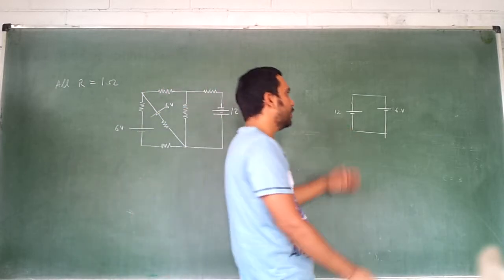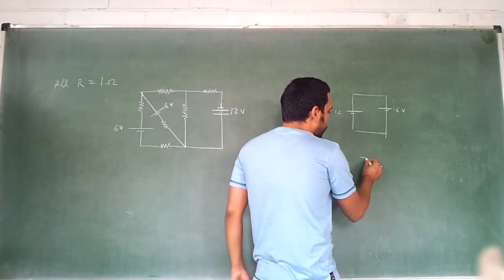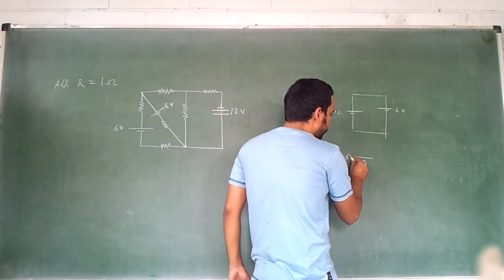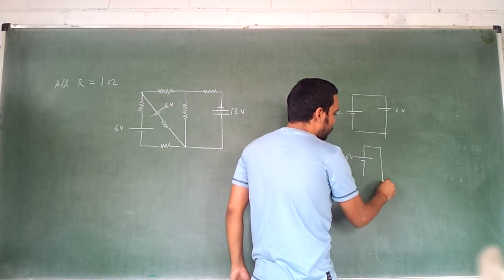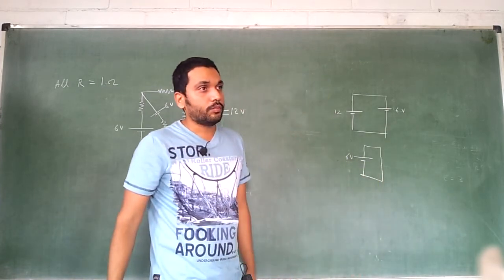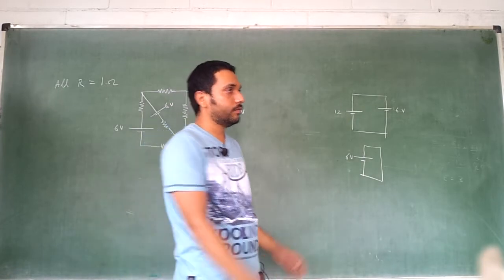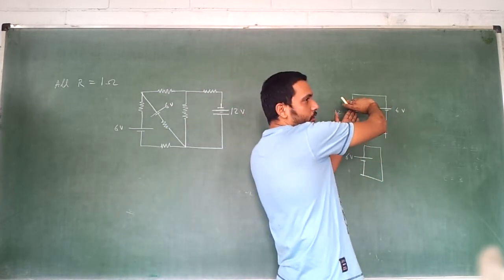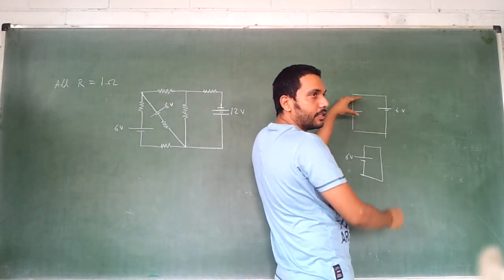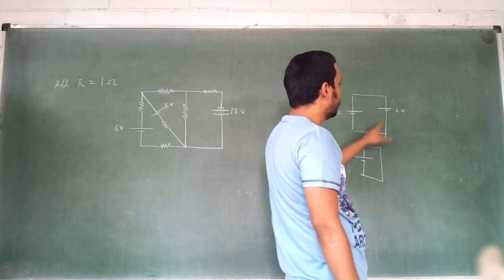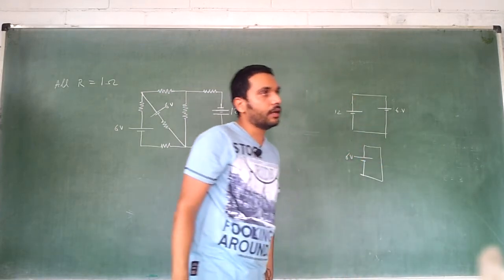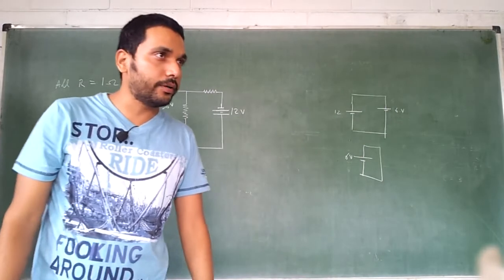It is simply saying that you have a 6 volt battery, where positive is connected to negative. These two, if I bring together on one side, it becomes a single battery of 6 volt, and this wire is simply connected. It's a short circuit. Get the point?